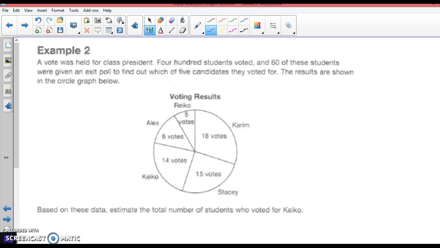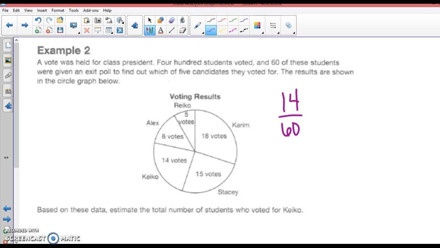We're going to talk about this 2 ways. So, we want to estimate the number of students that voted for Kaito. Or Kiko, sorry. How many people voted for Kiko in this survey? 14 out of 60. I'm going to show you 2 ways to do this. Divide 14 by 60 for me. What do you get?